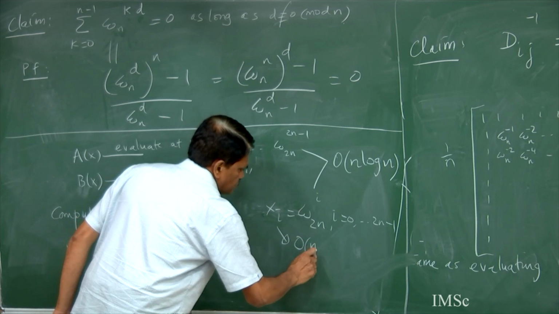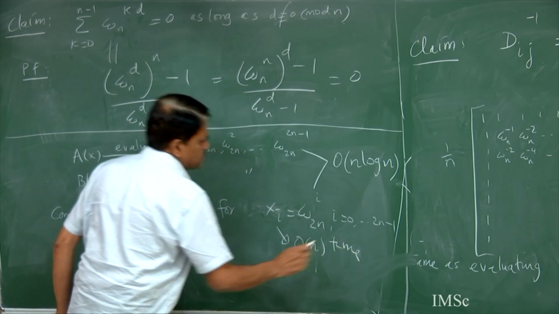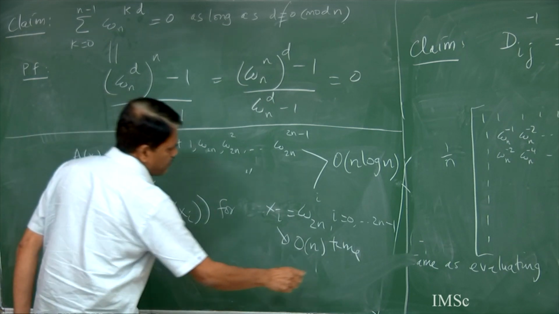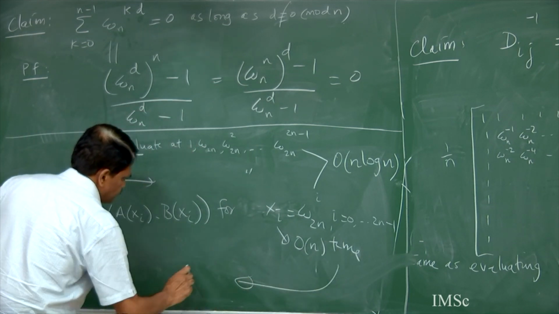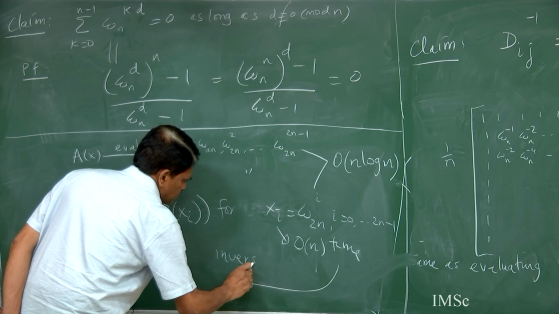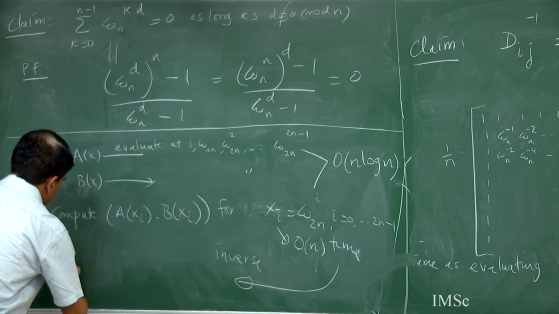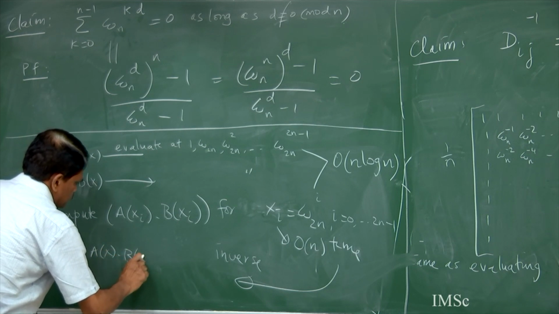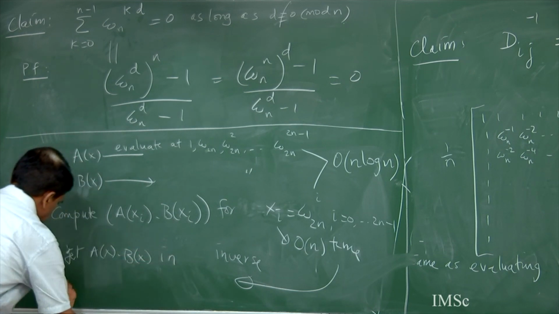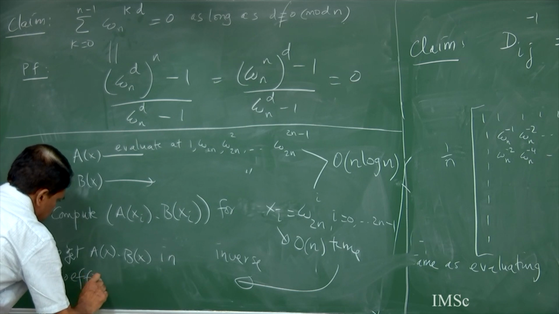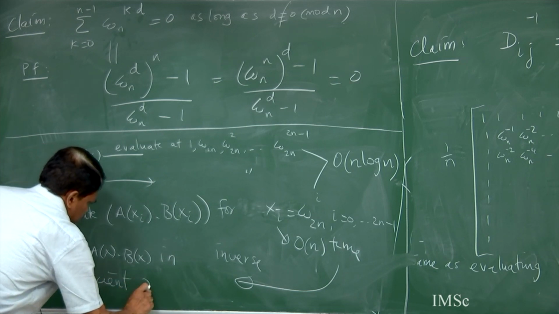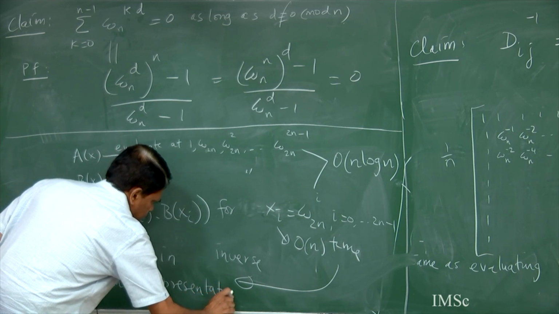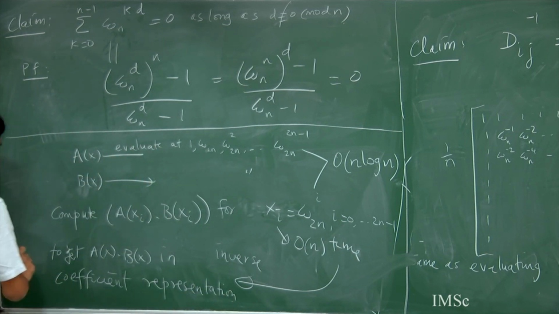because this is pointwise multiplication, and then do your inverse, come back to get the product polynomial coefficients. So this takes n log n time.